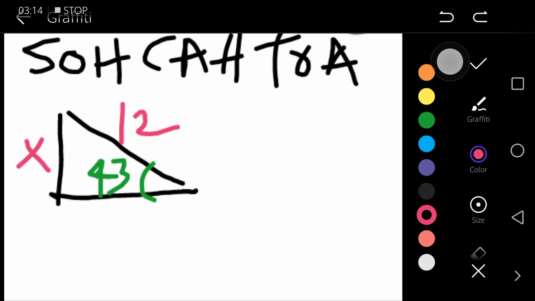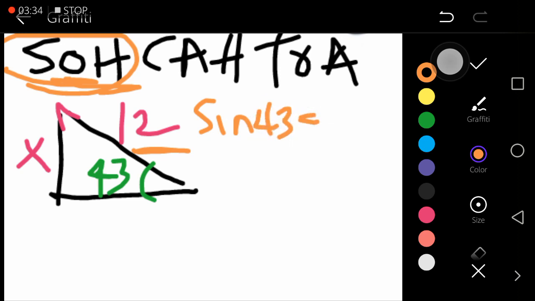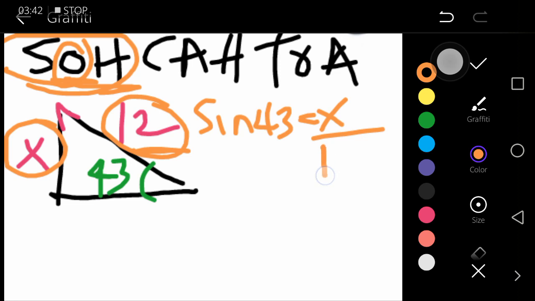Okay, we check what is missing: the opposite. The opposite is here, and this is the hypotenuse. So we can use SOH, which means sine 43 equals O, x, over H, hypotenuse 12. All you need to do is cross multiplication, over 1.